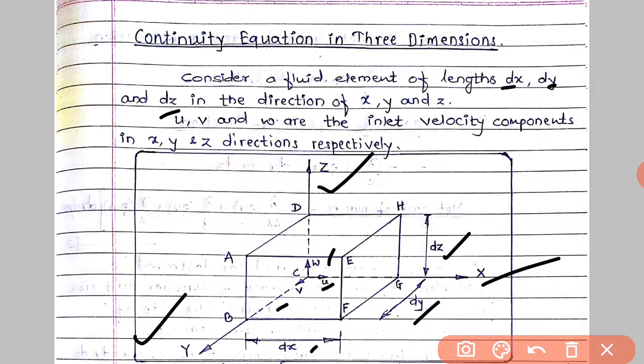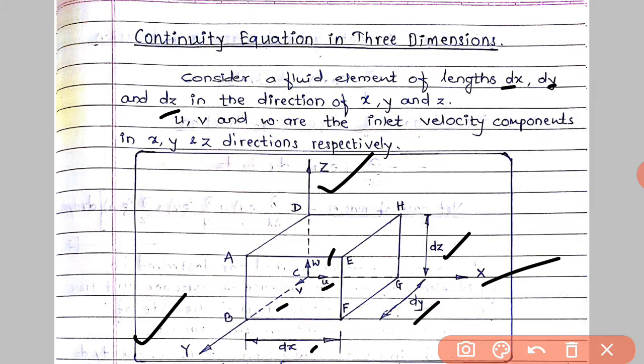Here we have to obtain the gain of mass in the x direction, gain of mass in the y direction, gain of mass in the z direction, and then the net gain of mass. According to the law of conservation of mass, mass can neither be created nor destroyed in a fluid element. The net increase of mass per second in a fluid element must be equal to the rate of increase of mass in that fluid element.